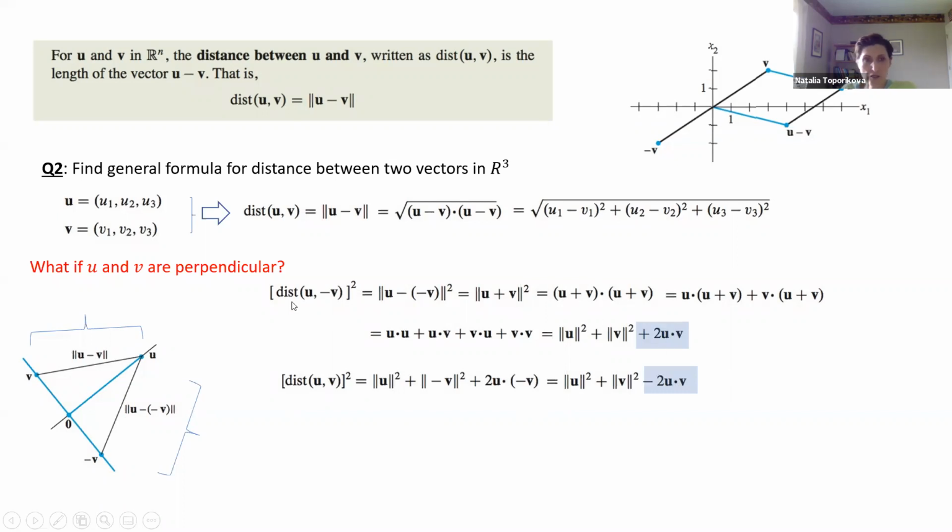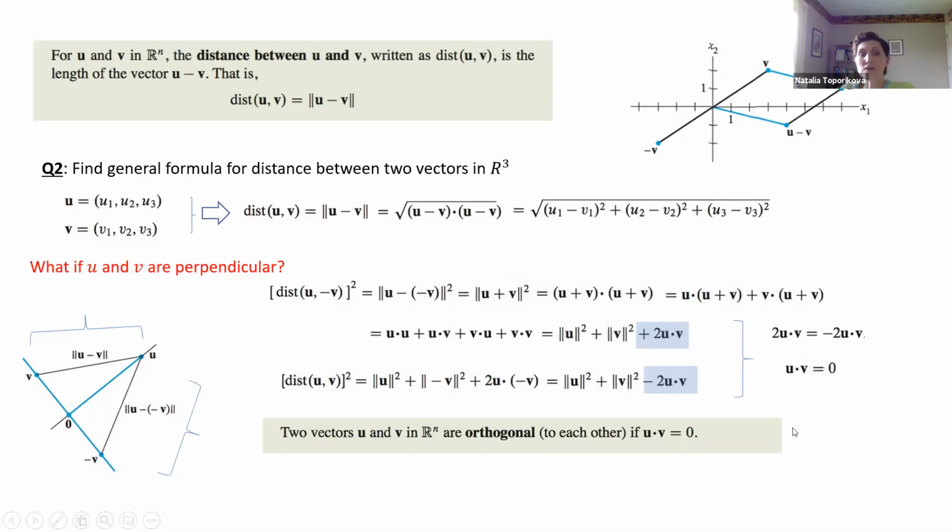That's very strange. We have two hypotenuses which should be identical, but one has positive and the other negative terms, which can only happen when those terms are identical, in other words, when the dot product of our vectors u and v is equal to 0.